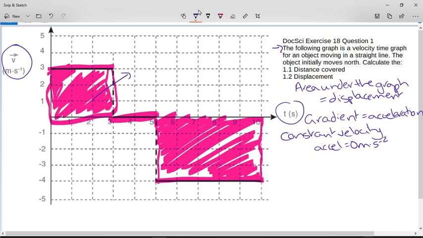The area of this section, this shape, is a rectangle, so the area is going to be length times breadth. You read the values off the graph. This is from 0 to 3, this is from 0 to 3, so it will be 3 times 3, so this is 9 meters.